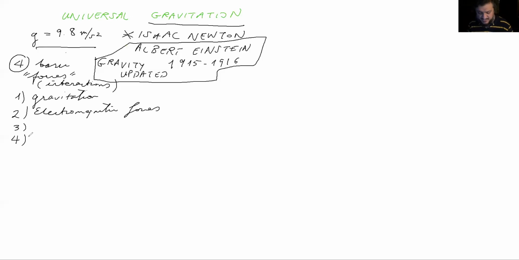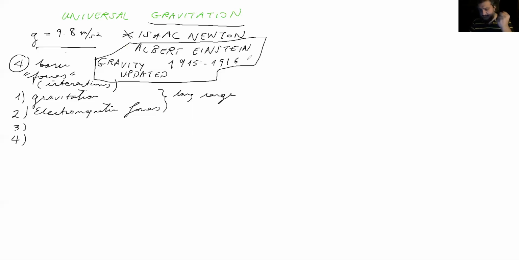And it took some time for people to figure out what they are. Now these two are long range forces. Long range, pretty much from here, 0, all the way to infinity. You know, of course they get weak over distances, but in principle, there is no limitation to how far they extend.